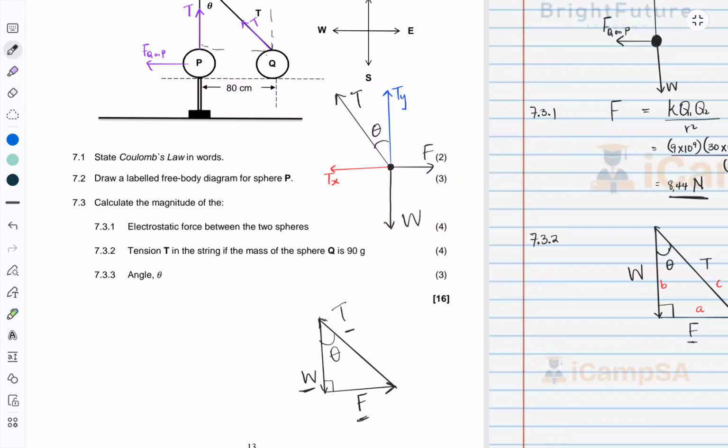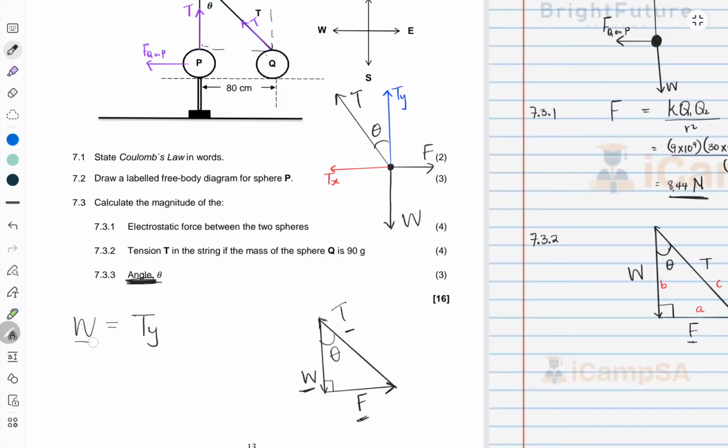Now, here's what I'm saying. You can use equilibrium, but then you would need theta, which we can only find at this point, okay? But if theta was given, you could have said that your weight will be equal to Ty. That's it.